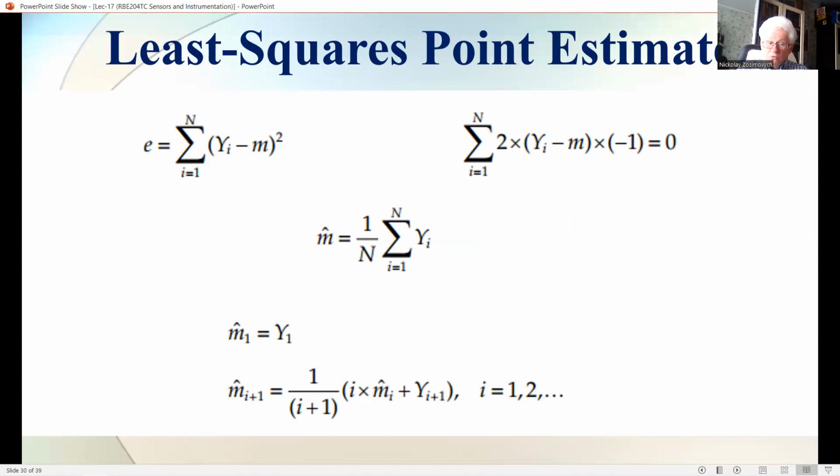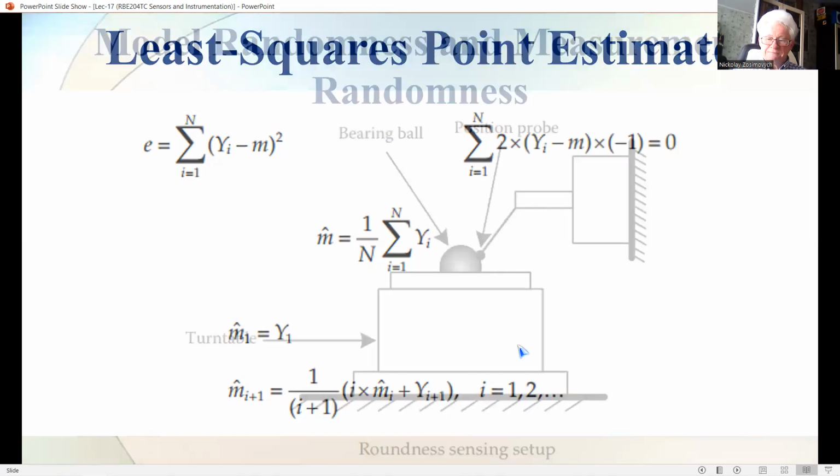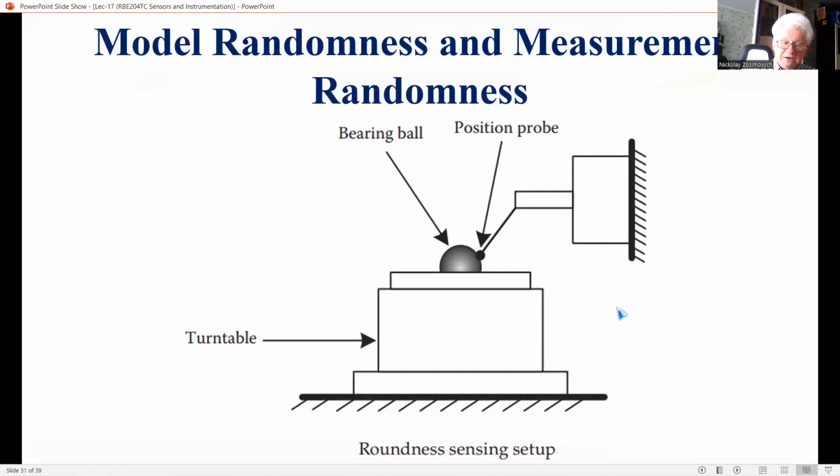As follows, you may see equations here for m1 hat and m hat for i plus 1, this expression. We expect the accuracy of the estimate to increase as more data come in, assuming that the measured or estimated quantity is a constant and the error is random.